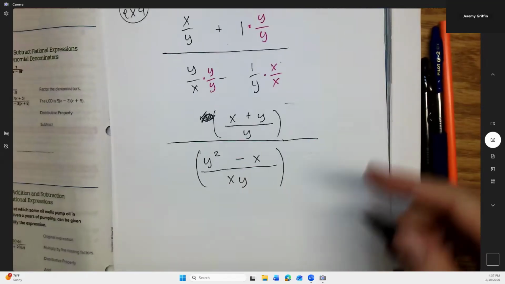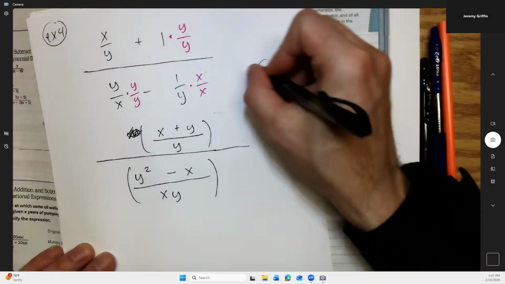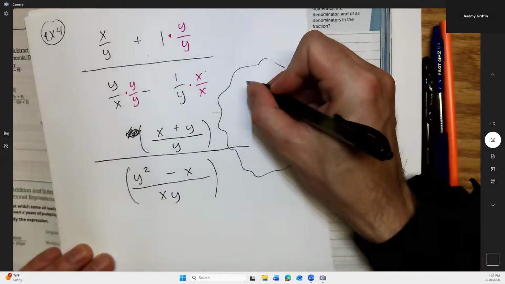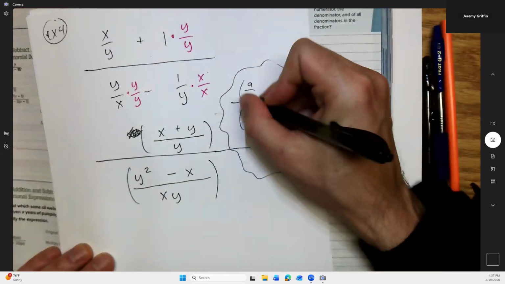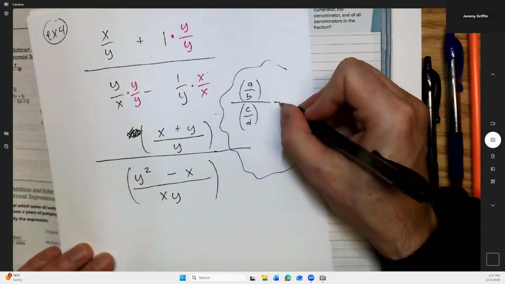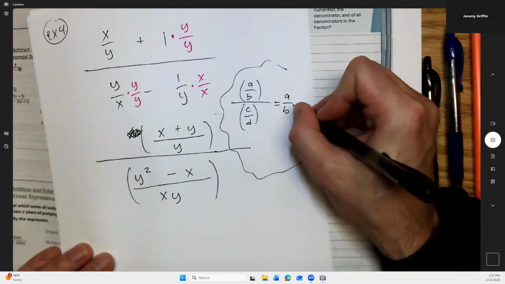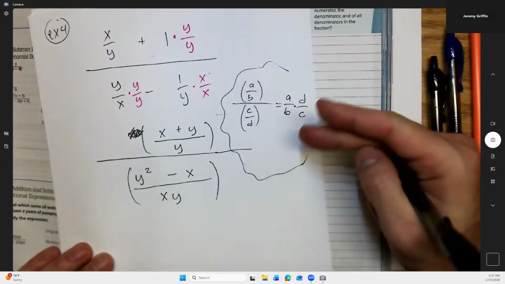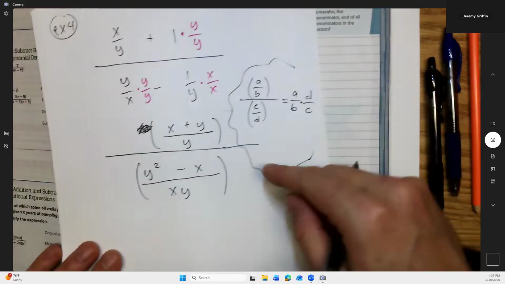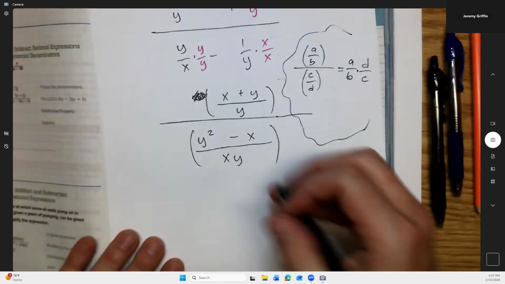Okay. Now, a fraction over a fraction. You guys remember a little thought cloud over here. If I have a over b divided by c over d, so one fraction divided by another fraction, remember, that's the same thing as a over b multiplied by d over c. You could take the bottom fraction, flip it to its reciprocal, and multiply it, which I think would be a good next step to do. Let's try that.